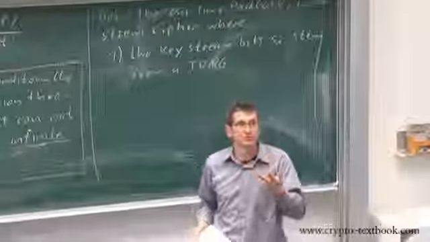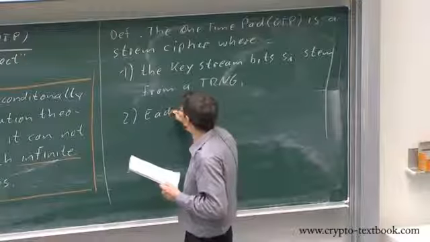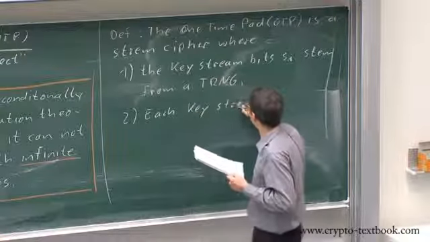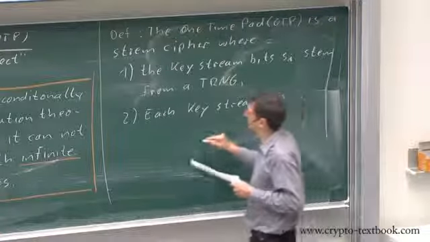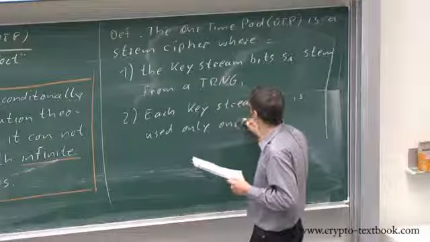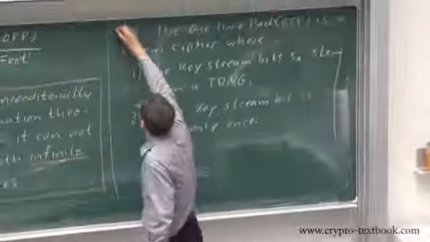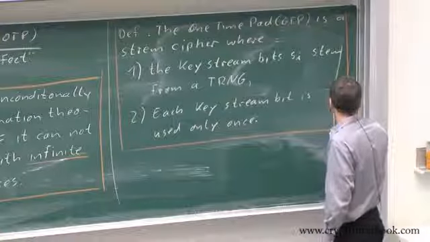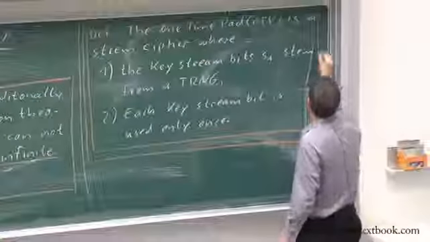So the bits come from a true random number generator, and secondly, each key stream bit is used only once. That's it. And this should get at least 2 frames. This is very, very important.